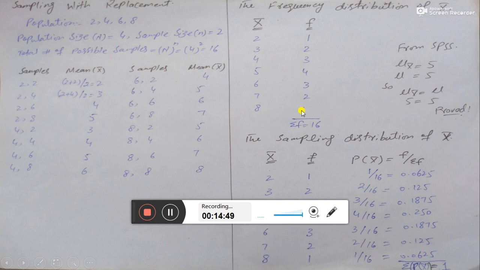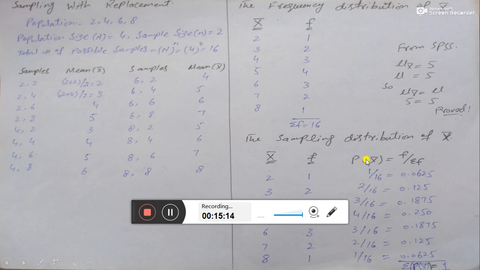By using this frequency distribution, what you need to do is put this frequency distribution on your answer sheet and divide each frequency by the total frequency. It will give you the relative frequency or the probability of each mean. So the resulting distribution is called the sampling distribution or the probability distribution of x bar.